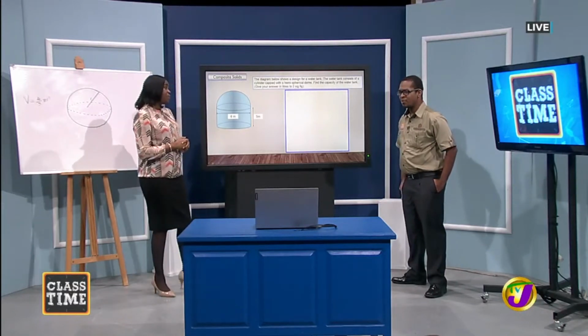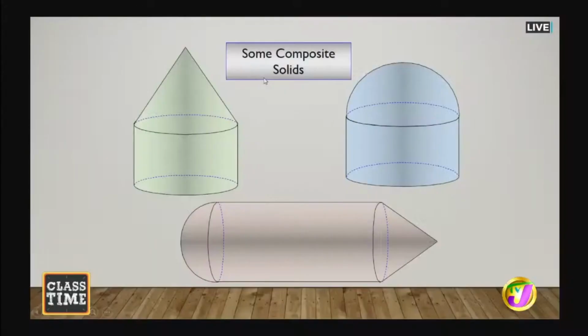And we also found that when we are finding the volume of composite solids, we can do a number of things. If regions are being combined together, we can first identify the individual shapes, then find the volume of each individual shape, and then make the decision as to whether we're going to be adding or subtracting those volumes to get the final solution.